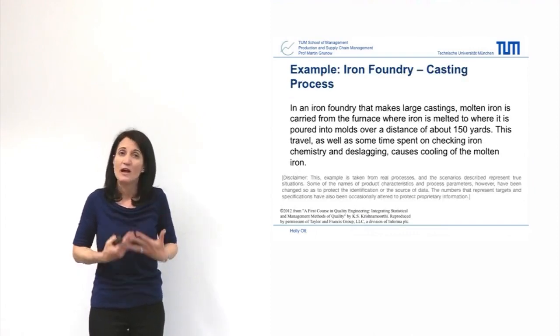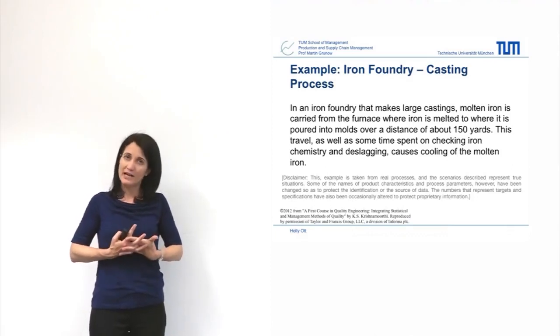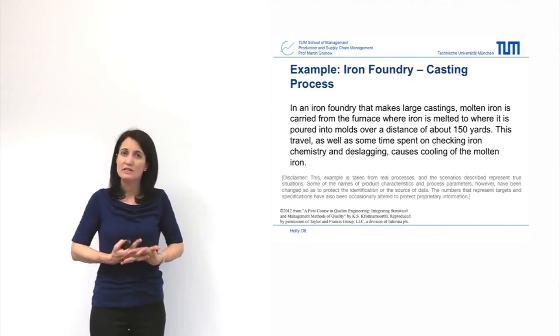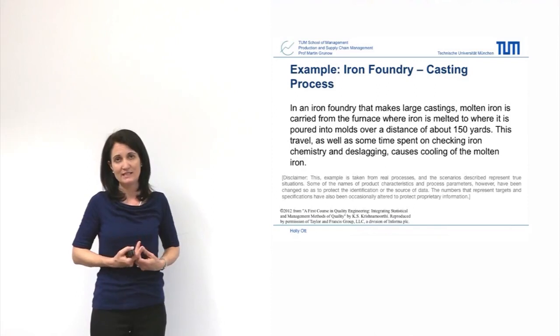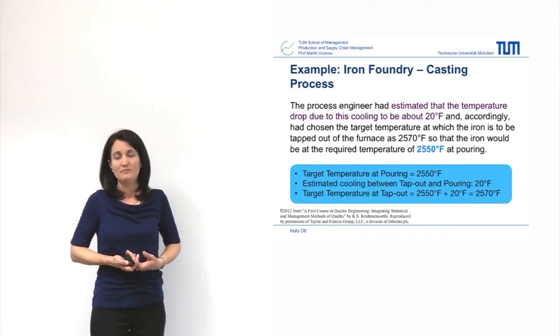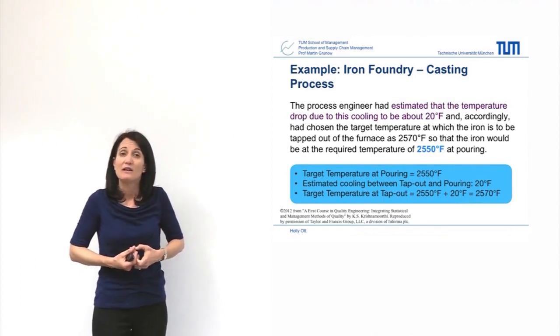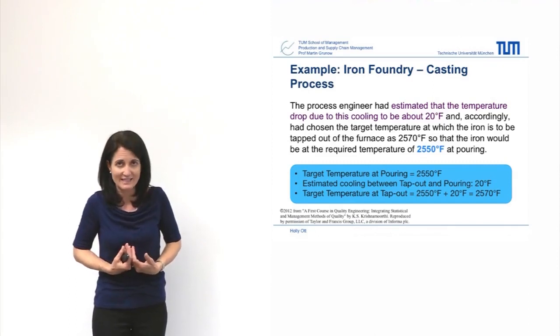So what we want to do now is show you a case study from our textbook, and show you how you can use the histogram and the box and whisker plot, and how you would start to look at this data. This is a case study about an iron foundry which makes very, very large castings.